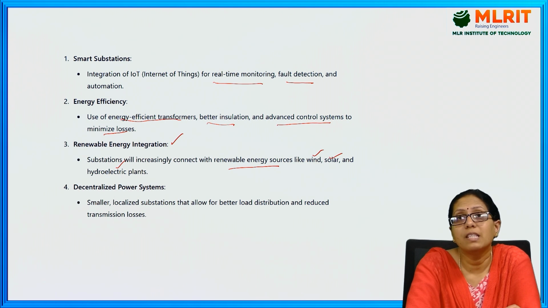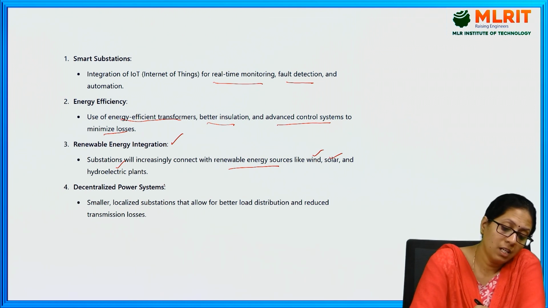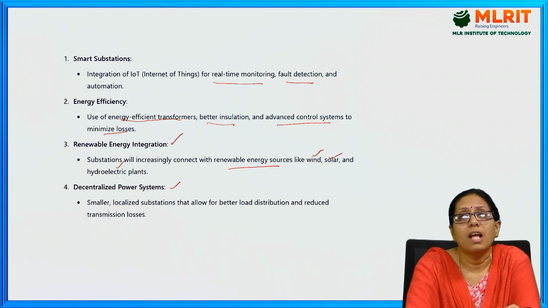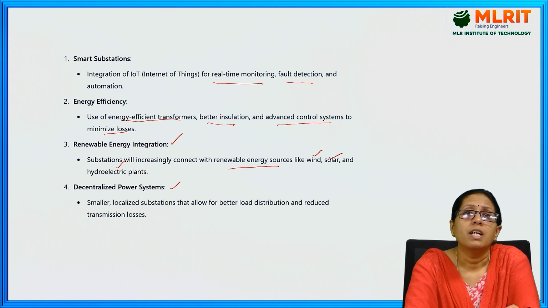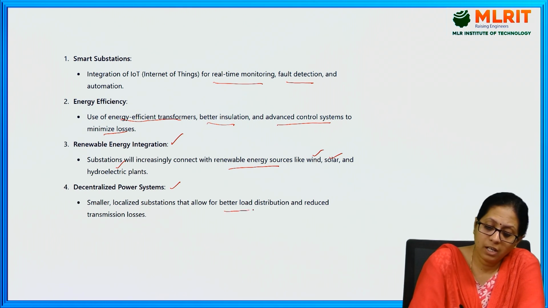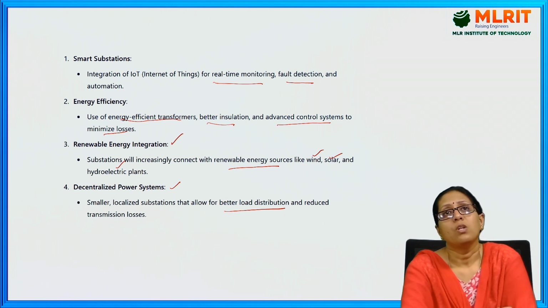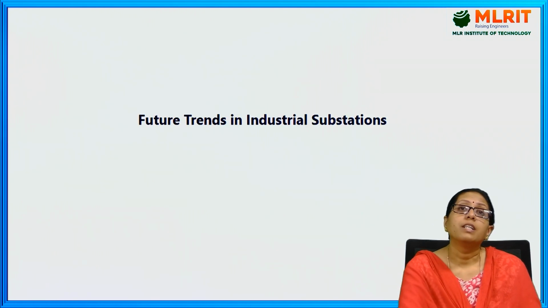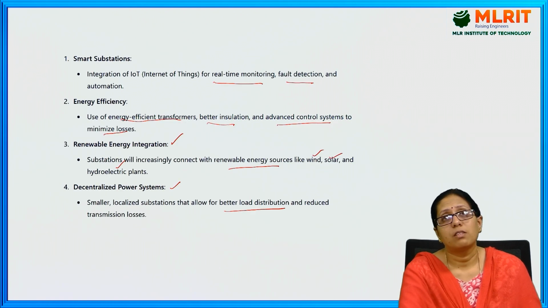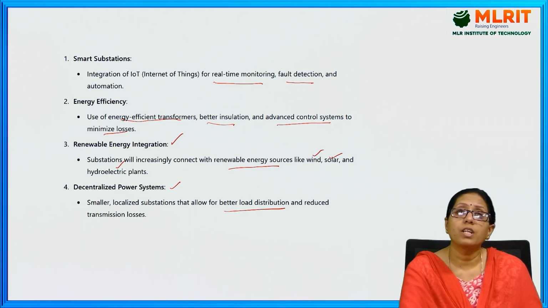The fourth one is decentralized power systems, that is, smaller localized substations that allow for better load distribution and reduced transmission losses. So these are the four different future trends in industrial substations.